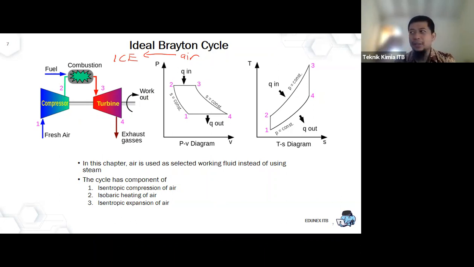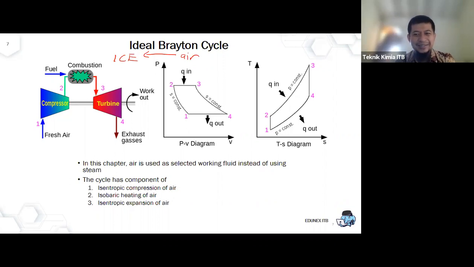The working fluid in this case is air. Any diesel cycle, Otto cycle, Brayton cycle, internal combustion engine cycle, the working fluid is air. Remember that? Air, not other fluid.